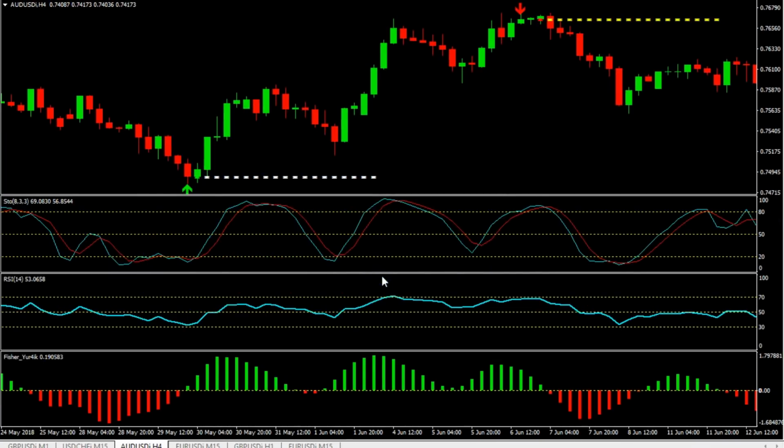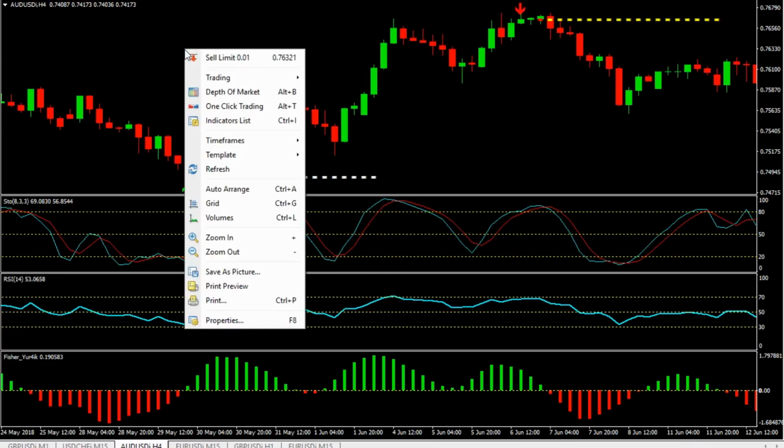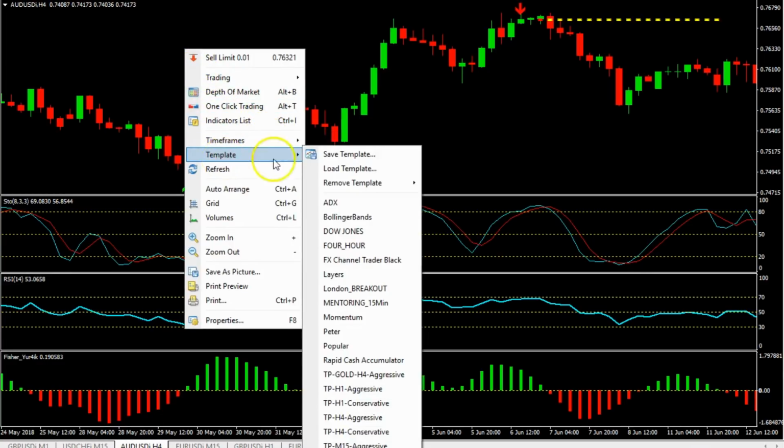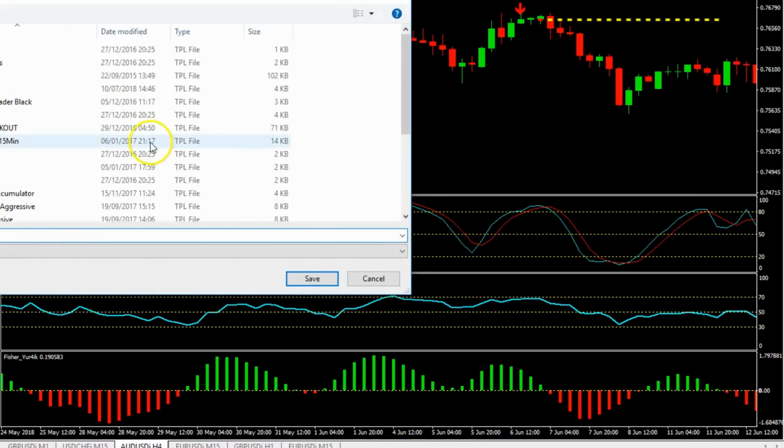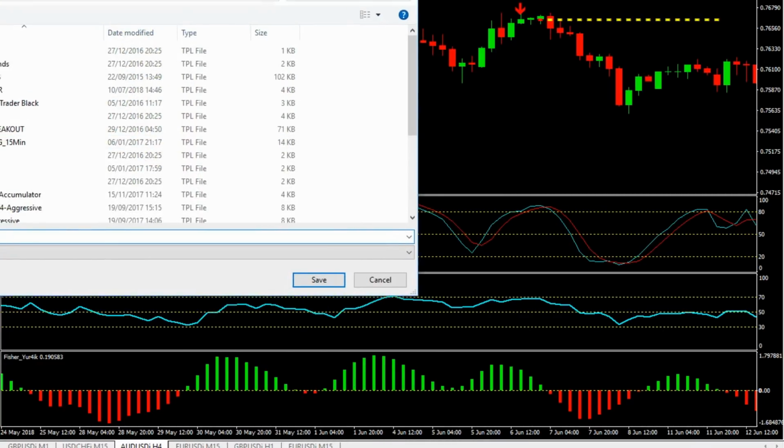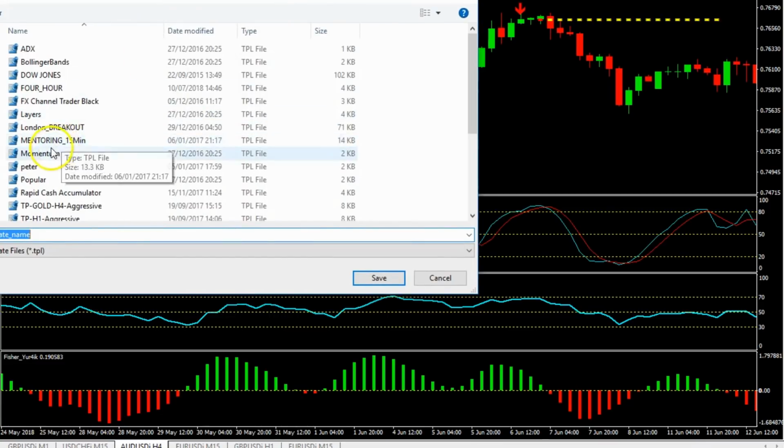Now your entire chart is ready, and what you do, right click and go to template and go to save template and then save as here 4 hours. That's what I've written, 4 hours.